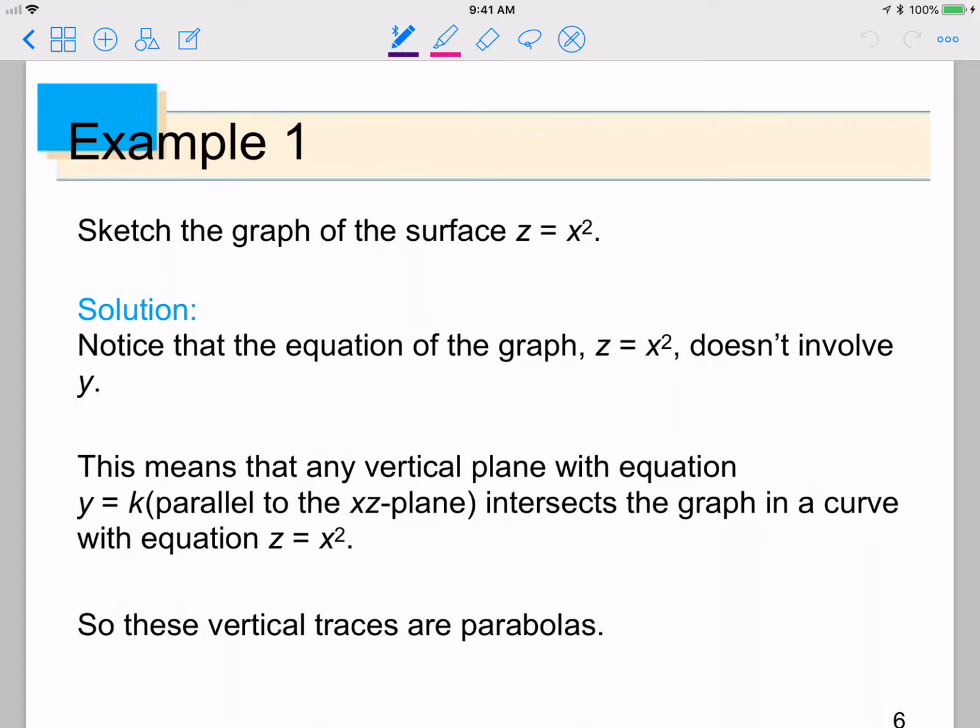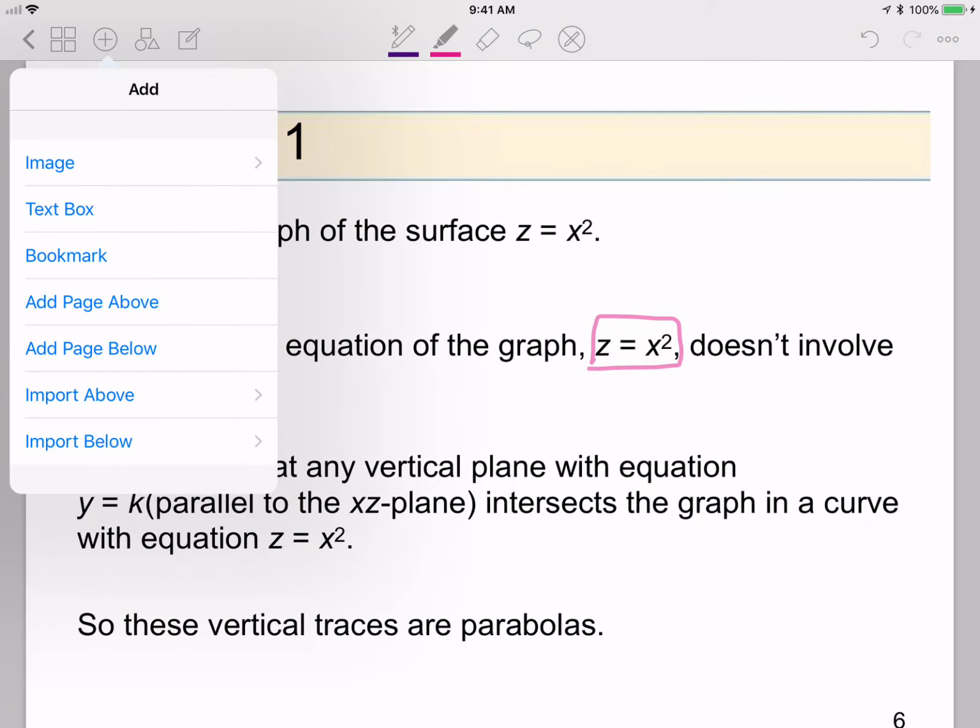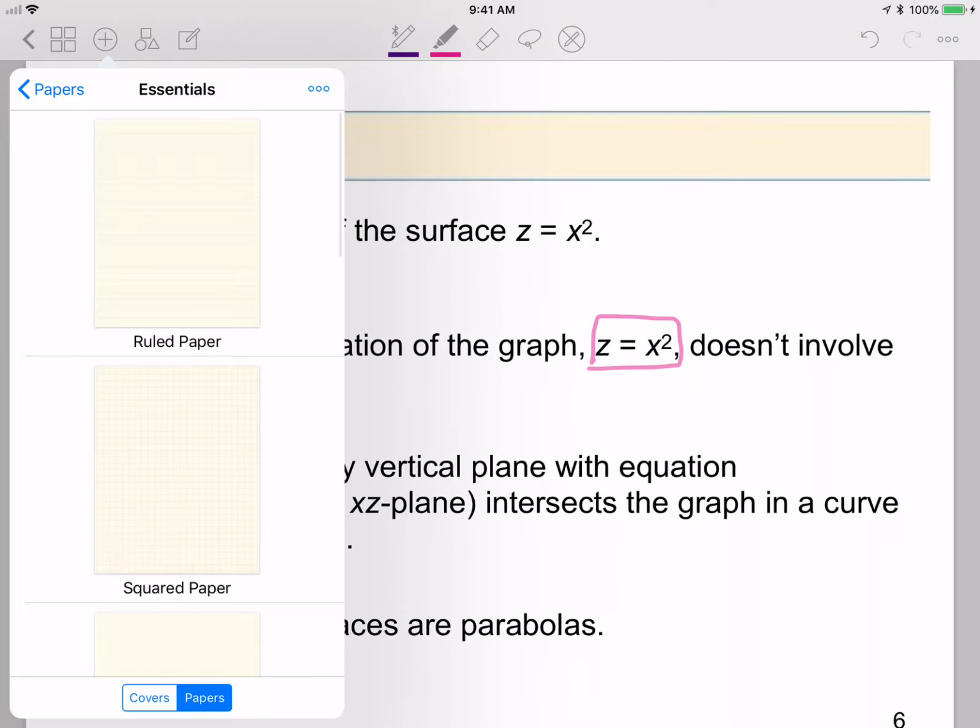One of the things to notice is that the equation of the graph, z equals x squared, has nothing to do with y. So what is a way to approach this?